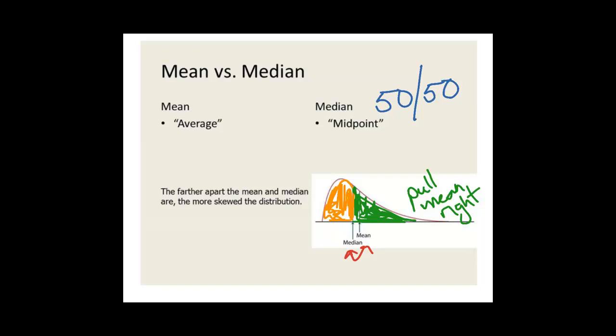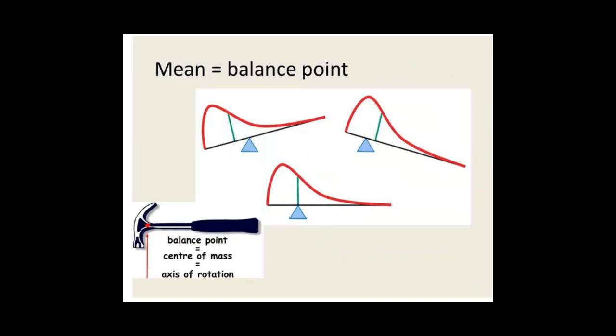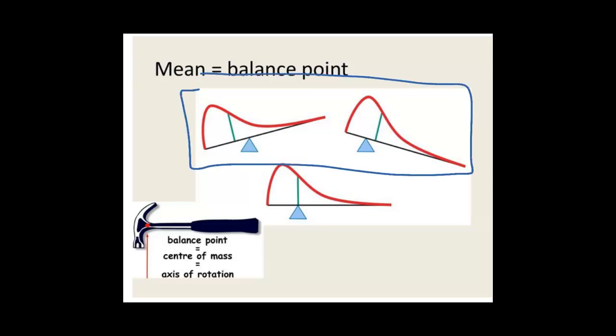To add another way to conceptualize the mean, think of it as being the balance point of the distribution. The blue triangles in this diagram act like a fulcrum. When there's an equal amount of weight on the left as on the right, then the curve will be balanced. Think about a hammer, or just go grab one and try it. Where will the hammer balance on your finger?